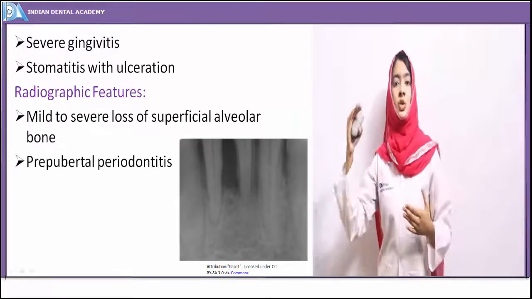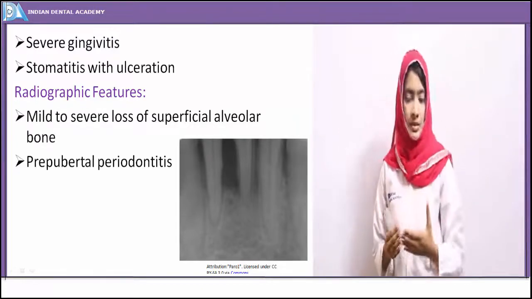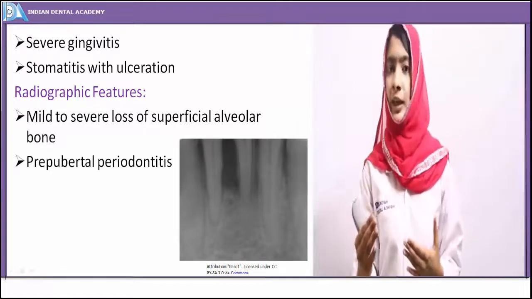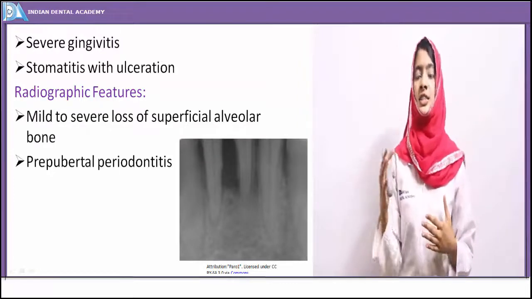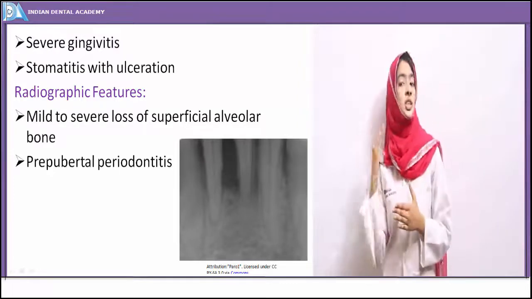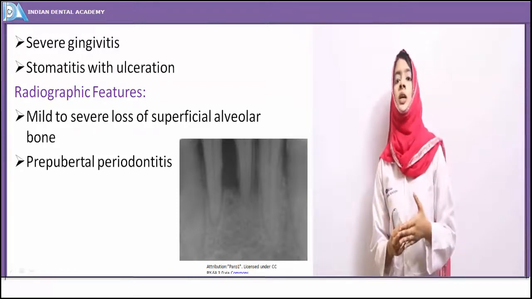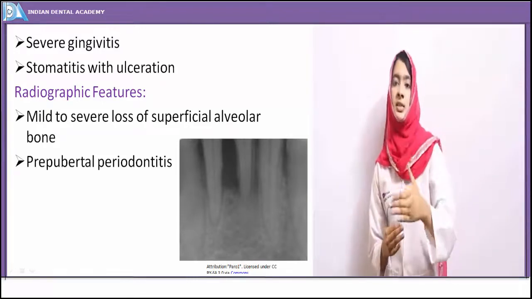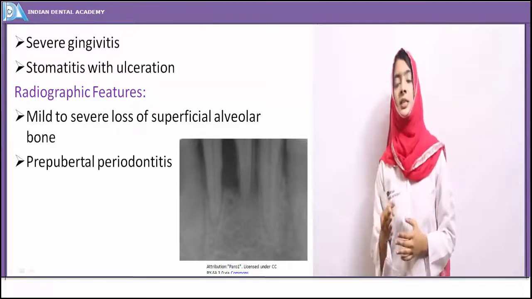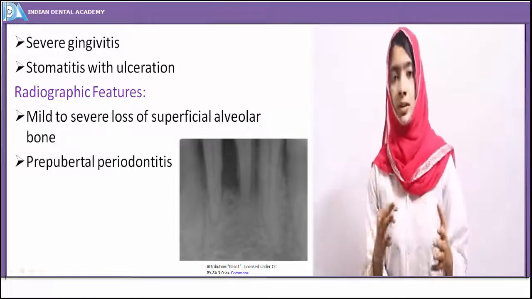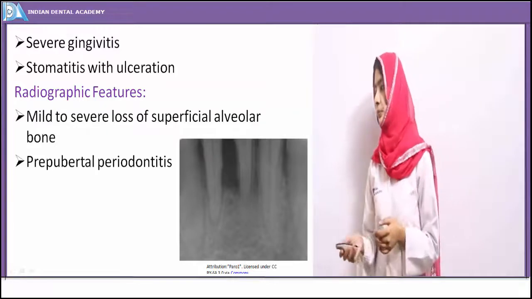It leads to loss of alveolar bone, which resembles prepubertal periodontitis. When you see a radiograph or an IOPA, you see loss of alveolar bone because of repeated cyclic gingivitis, and that is given the term prepubertal periodontitis.